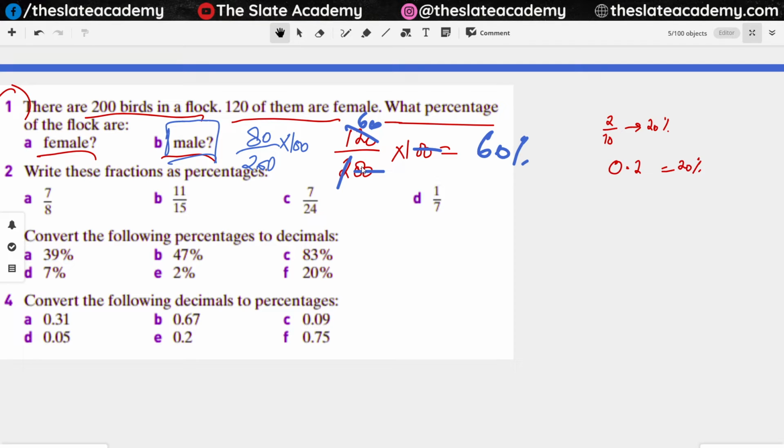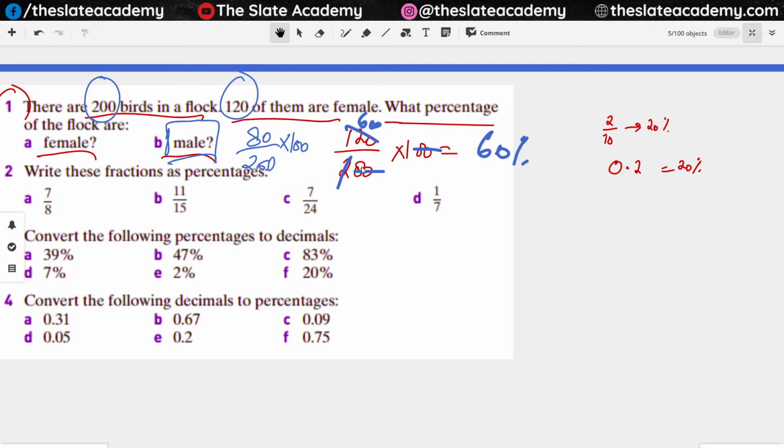No. Total are 200, 120 are female. That's all we are told. So if out of 200, 120 are female, the rest would be male, right? What's the remaining number? 200 minus 120? 80. And 80 out of 200 times 100 would be the percentage of male birds in the flock. Okay?